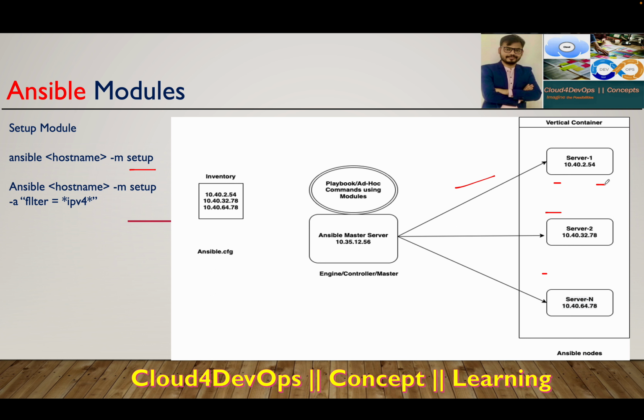If it is already available, I'm not going to do anything. That's what the setup module does, sending a signal to the Ansible master engine. If the package is not available, let's install that package on that particular server. So that's what the Ansible setup module is all about.